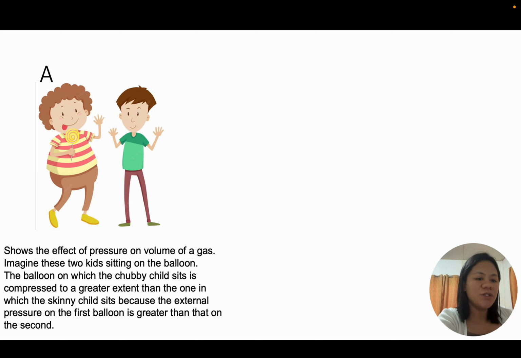The balloon on which the chubby child sits is compressed to a greater extent than the one on which the skinny child sits, because the external pressure on the first balloon is greater than on the second. So if we compare the volume to the pressure of a gas, they are directly affected by each other.